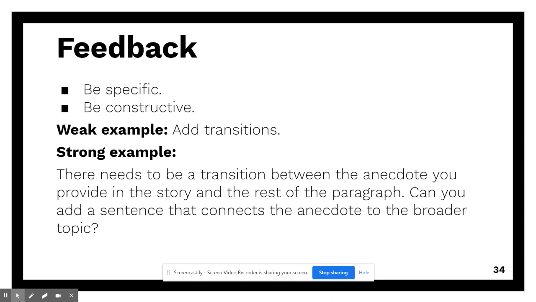As far as reading the feedback that you get, we all can get feedback on our writing. If I were taking a class right now, I'd get feedback on my writing. People who are professional writers and make a living as writers get feedback on their writing.